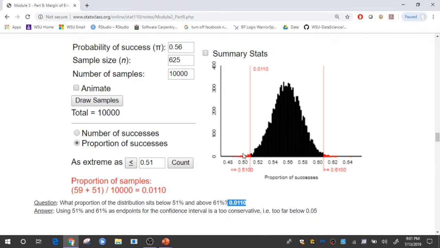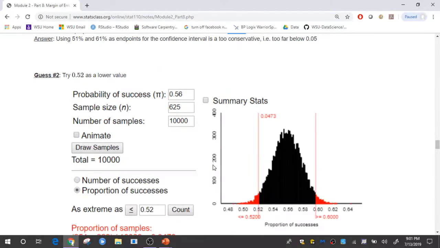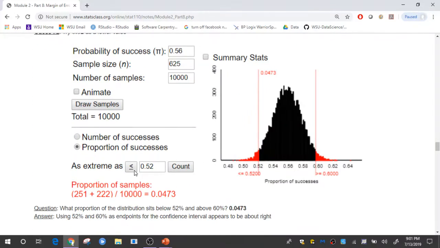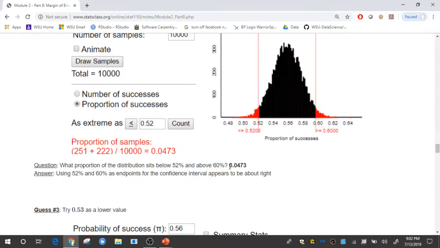It's too extreme right now. So let's try 0.52. The only thing I've changed here is the as extreme as value down here to 0.52. And you can see when I get 0.52 here, I'm getting pretty close to the 5% level. So what values are as extreme or more extreme than 0.52 in this distribution? You can see that it's 0.0473.